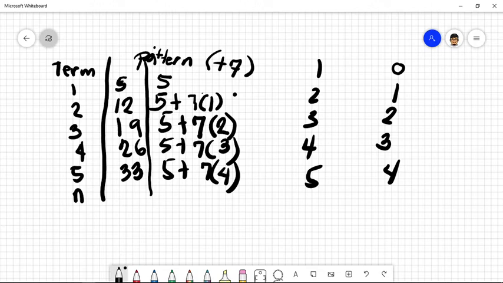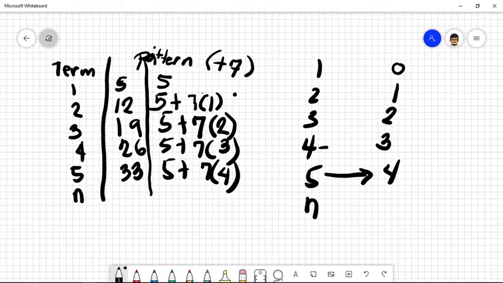So, kung ang n ko is the number of n terms, anong gagawin ko dito? What formula will I be using para malaman ko na yung susunod doon ay 4? Anong gagawin mo sa n para maging 4? Anong gagawin mo sa 5 para maging 4?